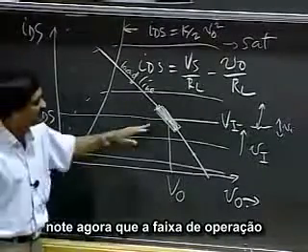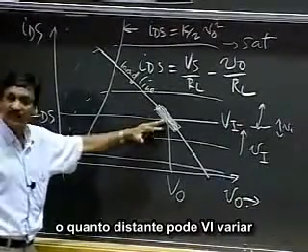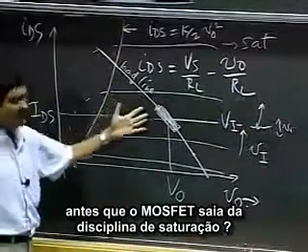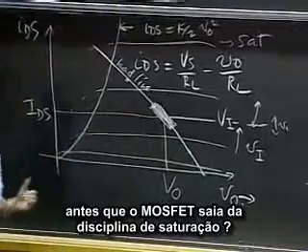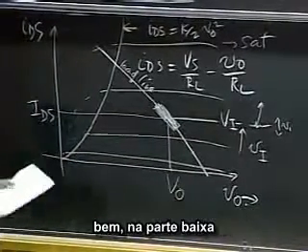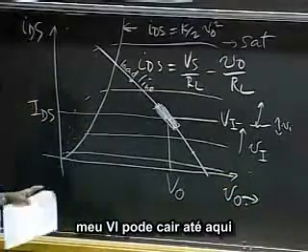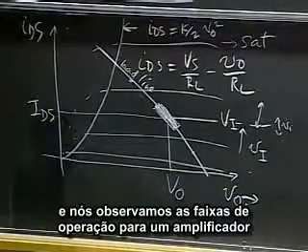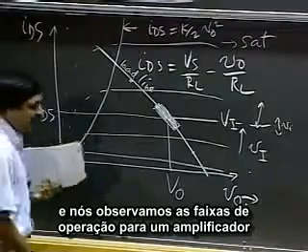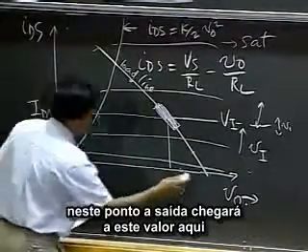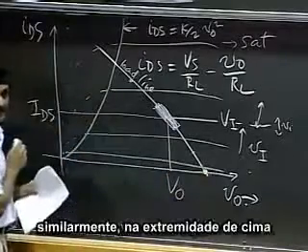Notice now the operating range: how far can VI vary before the MOSFET goes out of its saturation discipline? Well, on the low side, my VI can come all the way down to VT. At that point, the output will come here.